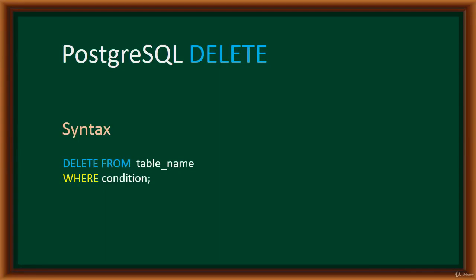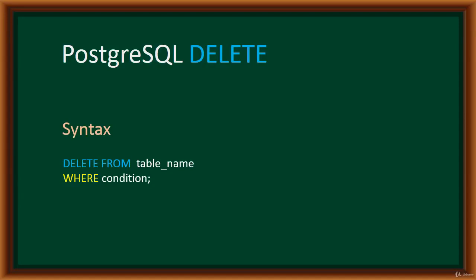Let's have a look at a typical syntax for a delete statement. So this is how you would structure a statement. You start with the keyword delete, and then you use the from to indicate the name of the table, and then you add a filter with the where condition.